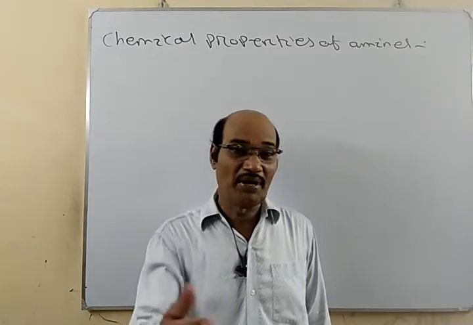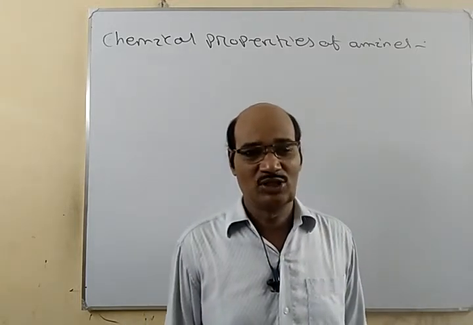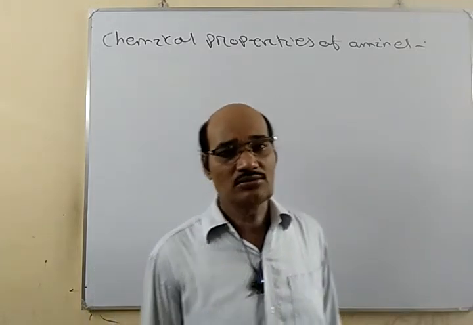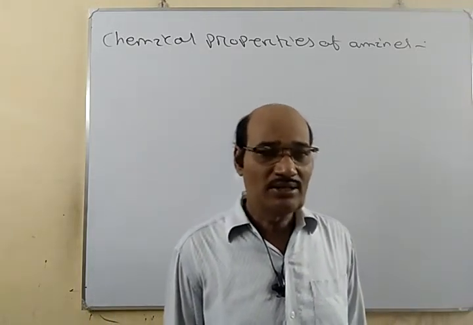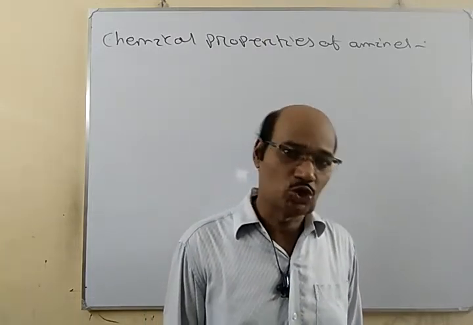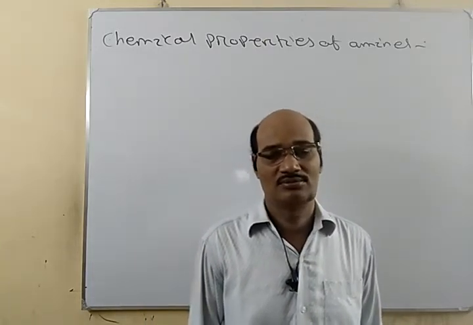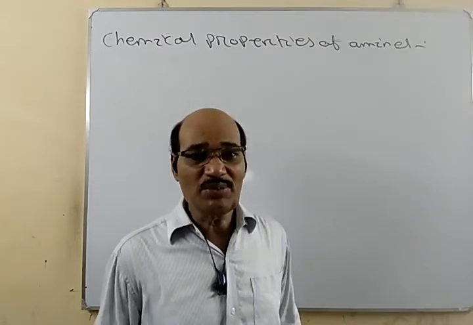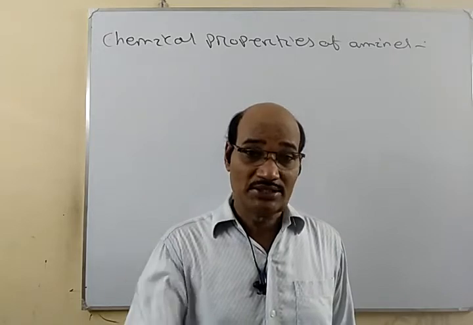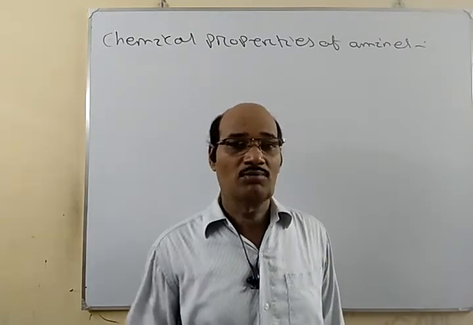We are getting meta products here. We are getting para near about 51%, meta near about 47%, and 2% of ortho product. So here also the same problem we are facing. We are not able to get the desired ortho or para products.